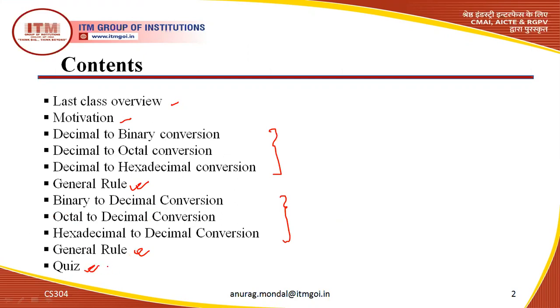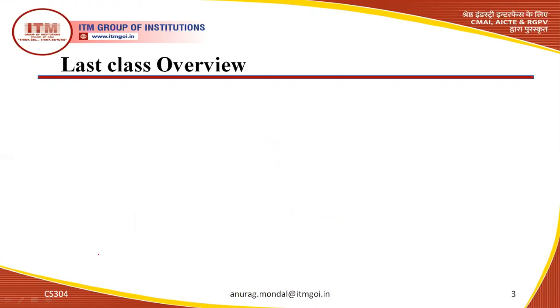So let's move on. What we learned in the last class, that is number system part number 1. First, we learned about the importance of number systems in computers. I showed you some images where data is stored in a memory location, and there the data is stored in terms of hexadecimal numbers.